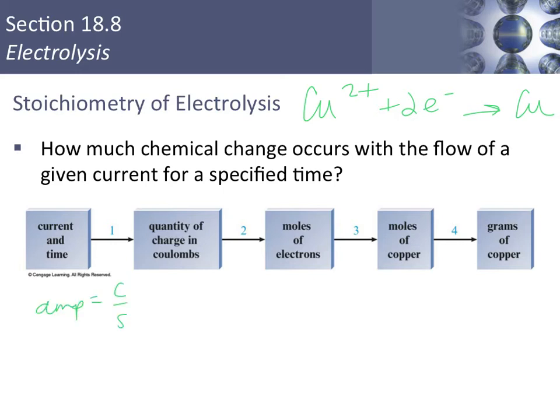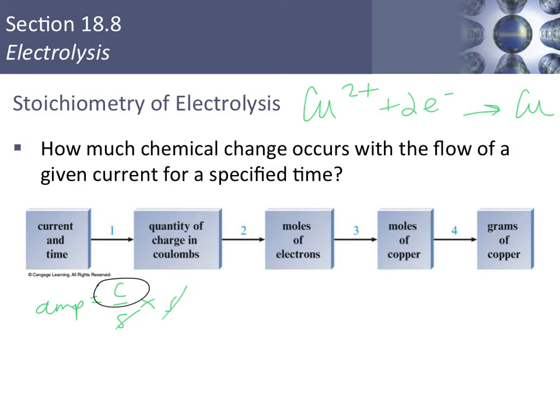An amp is a coulomb of charge per second. So if we look at our amps and we multiply that by our time in seconds, then we have our coulombs of charge.